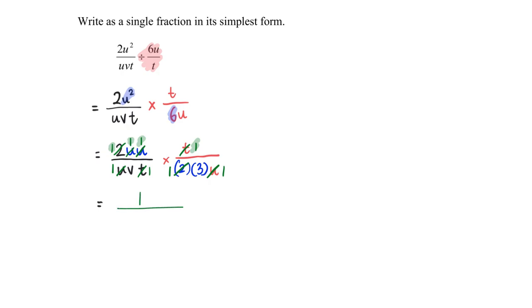And the denominator, 1 times 1 times 1 times 1 is still 1. Still have my v times 3, 3v. And that will be the final answer for this question. Let's move on to the next question.